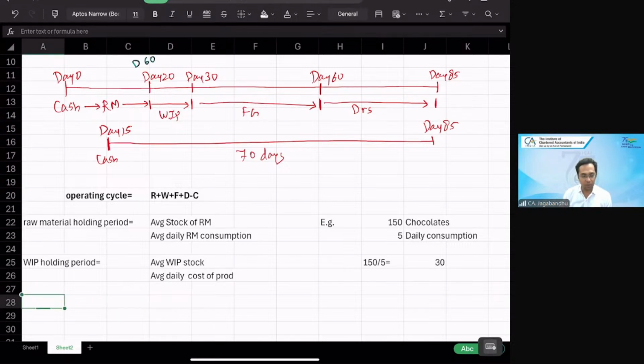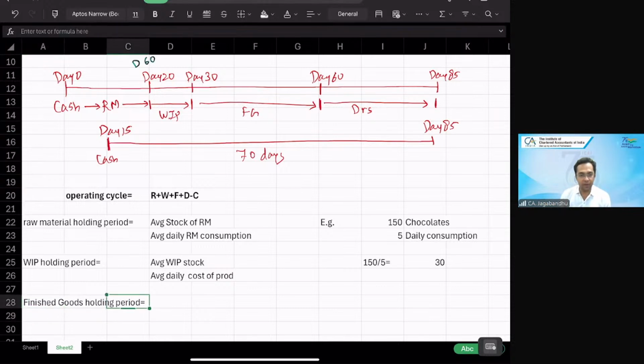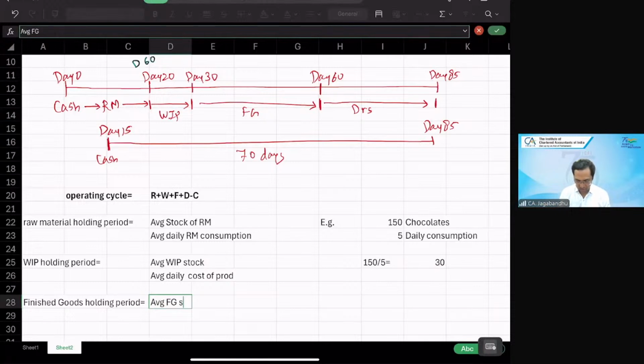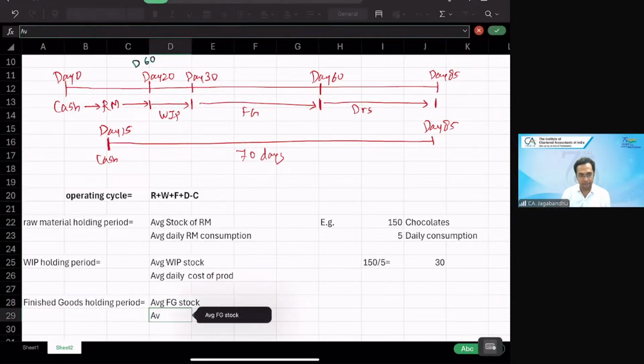Okay, so that's the WIP holding period. Then the finished goods holding period, we can simply compute as average finished goods stock upon average cost of goods sold per day.